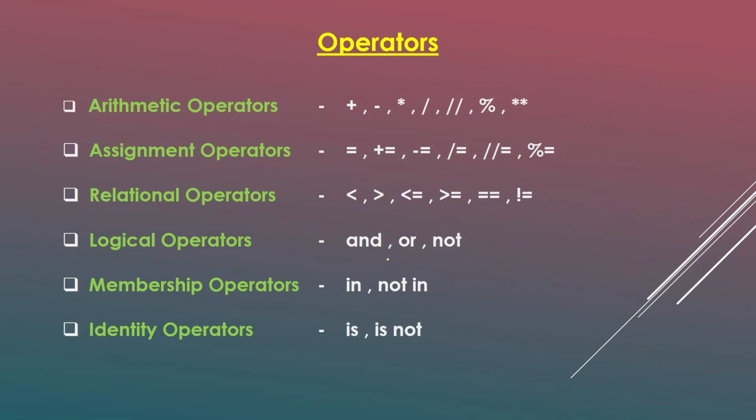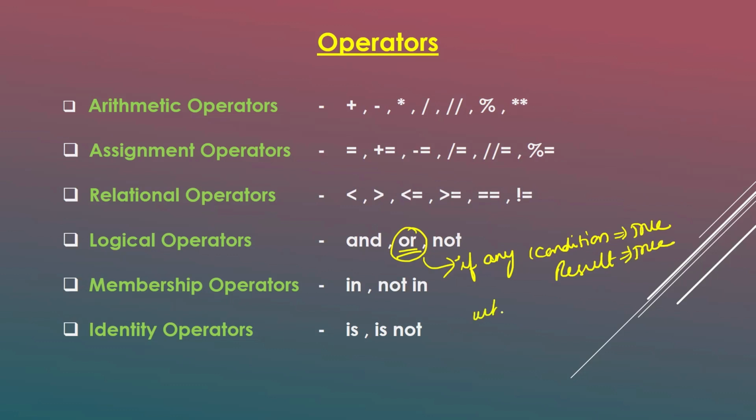Let's discuss another logical operator, the OR operator. What is meant by the OR operator? If any one condition becomes true, then the result becomes true. It returns false only when all conditions are false.